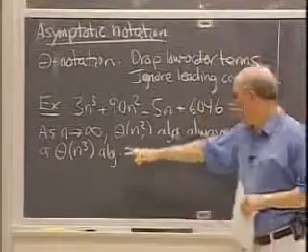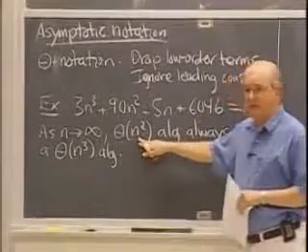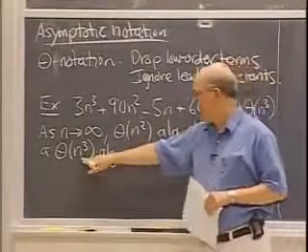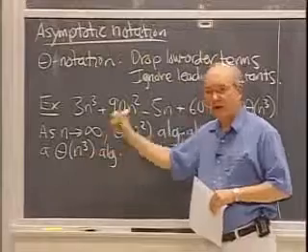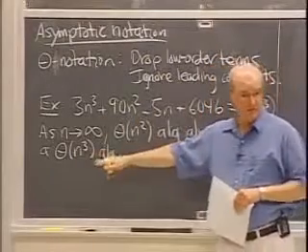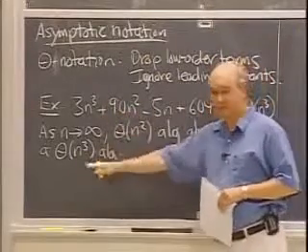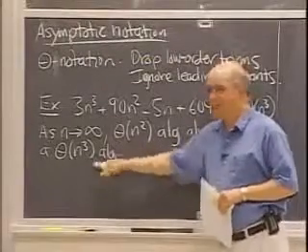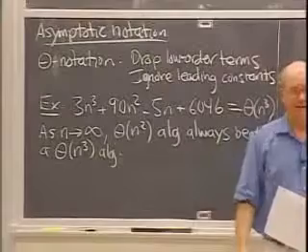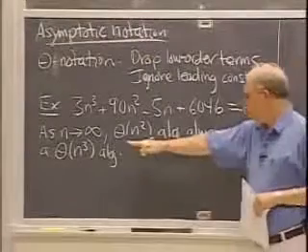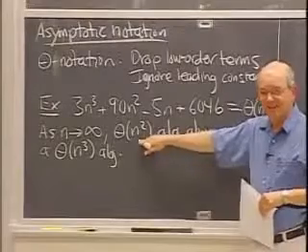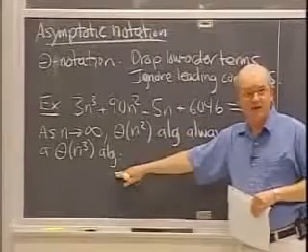If I had a theta n squared algorithm, it would always be faster for sufficiently large n than a theta n cubed algorithm. It wouldn't matter what those low order terms were, and it wouldn't matter what the leading constant was. This one will always be faster, even if you ran the theta n squared algorithm on a slow computer and the theta n cubed algorithm on a fast computer.